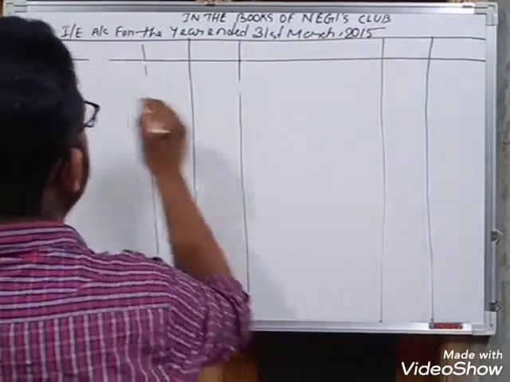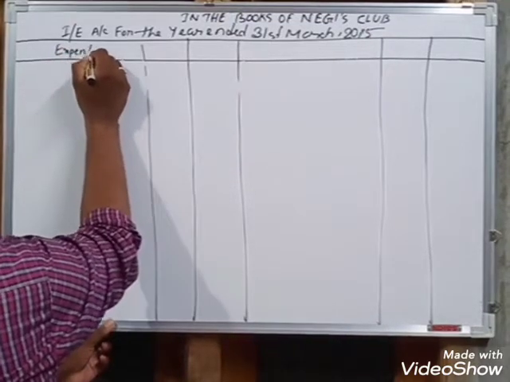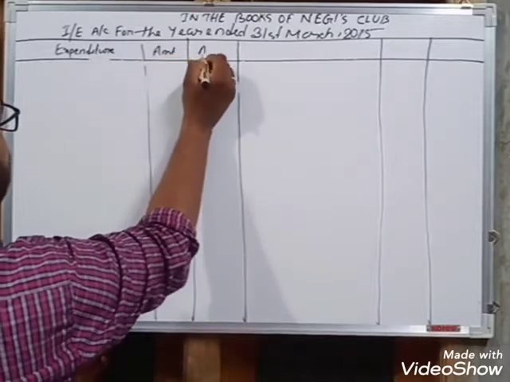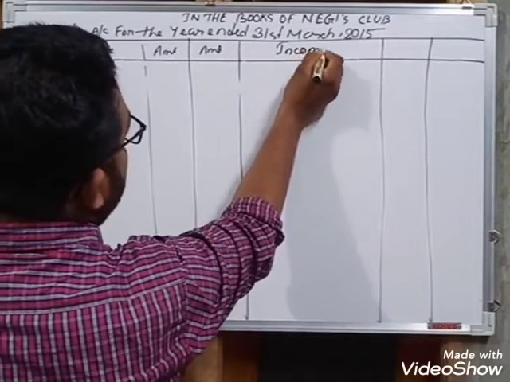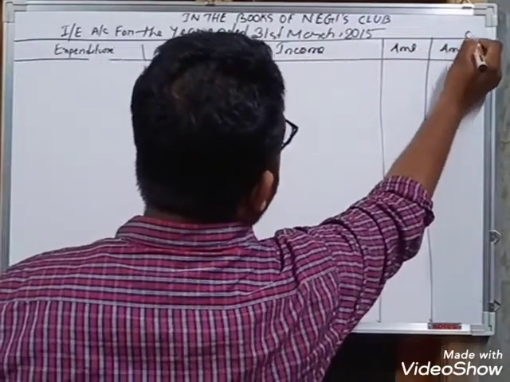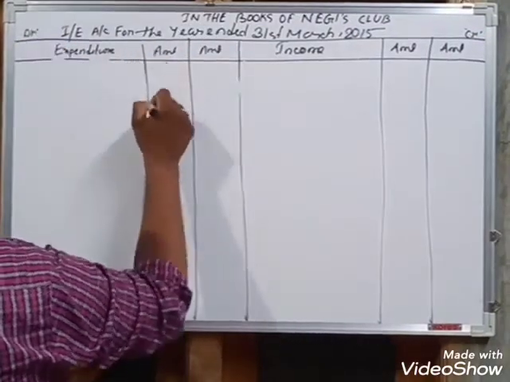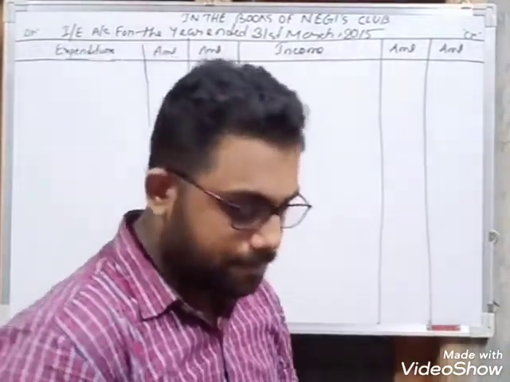Okay, so it is the expenditure because the debit side is expenditure, amount, income, amount, credit, debit. Okay, so draw this account.